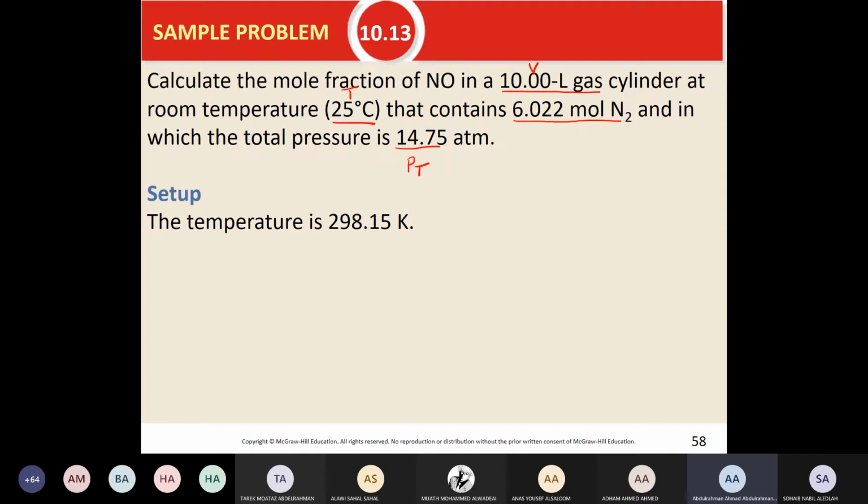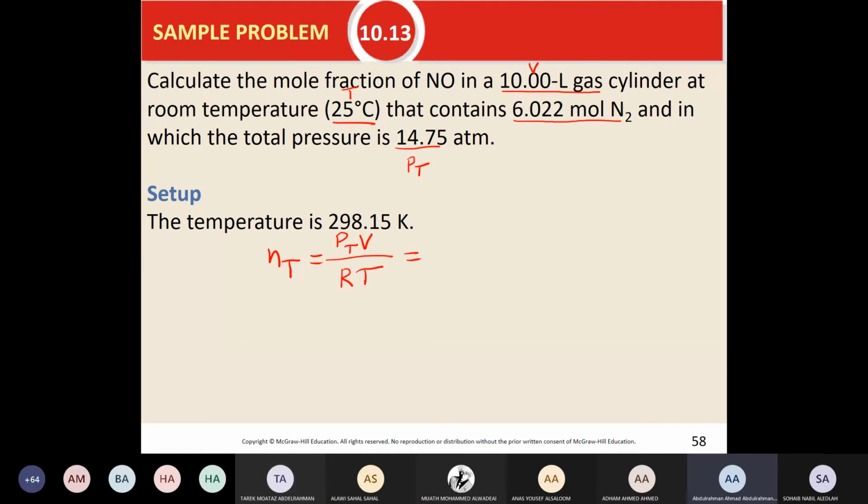What can you calculate? N. Which N? Total. Yes. NT is equal to what? PT multiplied by V over RT. Exactly. All right.